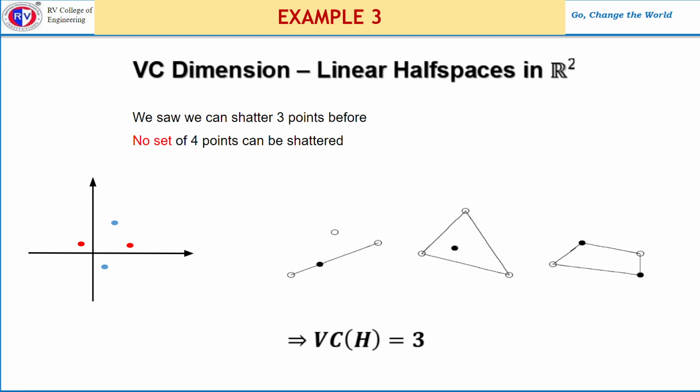We have already seen that we can shatter 3 points before, but if we want to shatter 4 points, it's completely not possible for the given configuration, which means that linear half spaces in R squared cannot shatter 4 points. So it is greater than or equal to 3 and less than 4, and we come to the conclusion that VC(H) of this kind of H would be equal to 3.